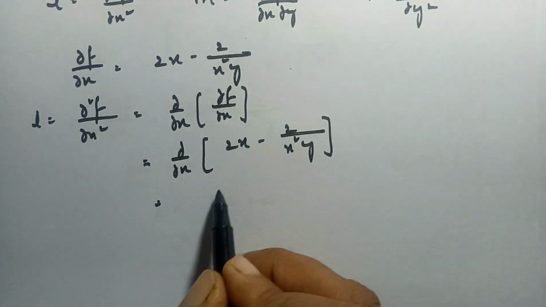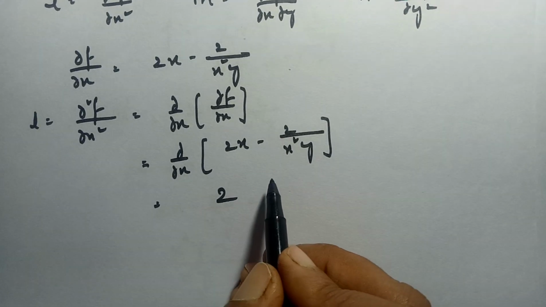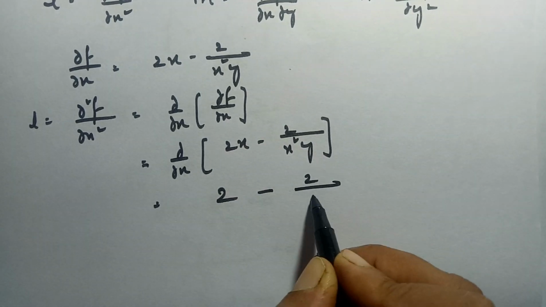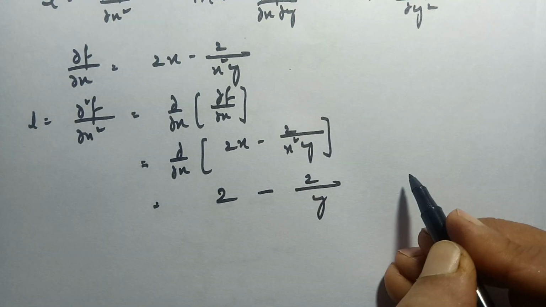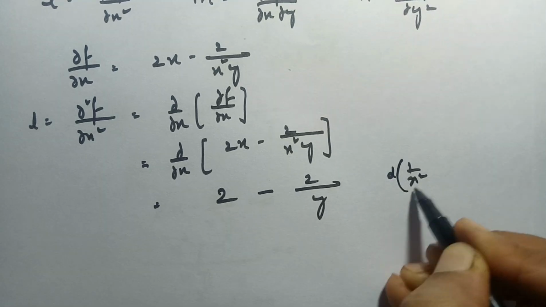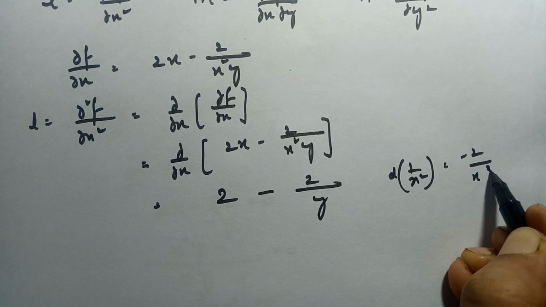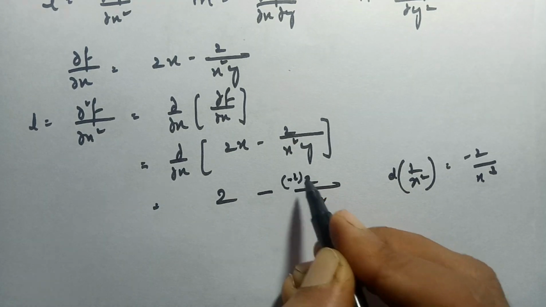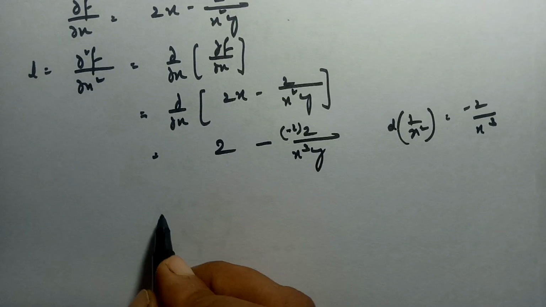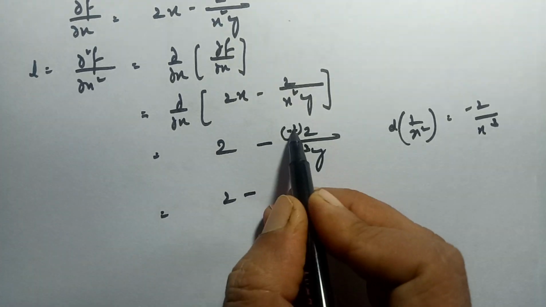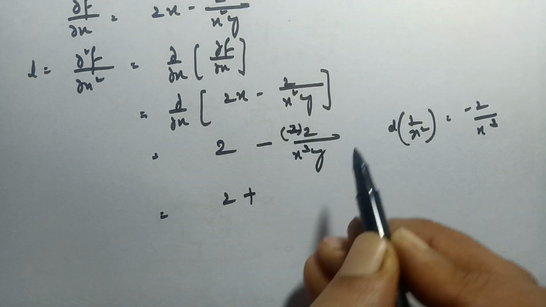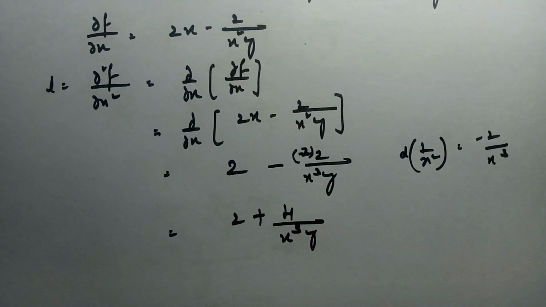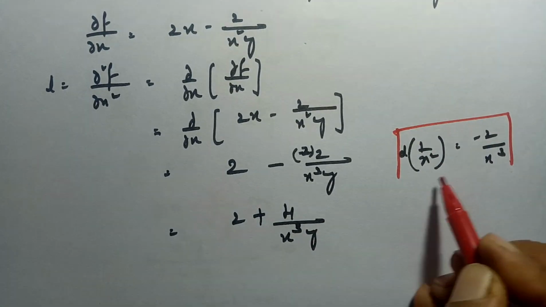So with respect to x, x will be 1, this will be 2, and for this, with respect to x, minus 2 and y are constants, and the derivative of 1 by x square is nothing but minus 2 by x cube. So this will be minus 2 by x cube. So which is nothing but 2, minus of minus plus, so this is 2. 2 2s are 4 by x cube y.